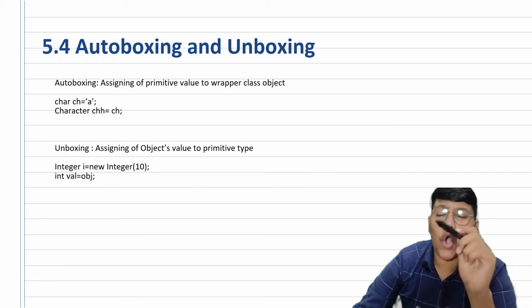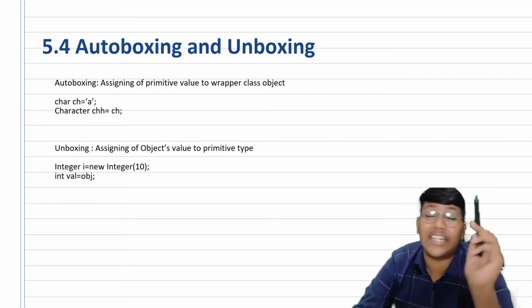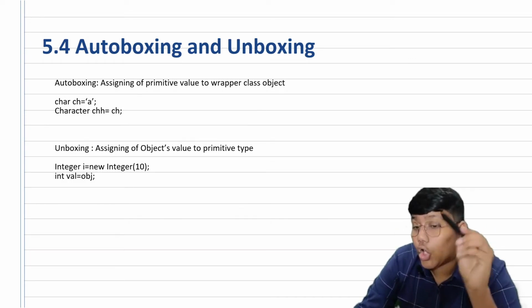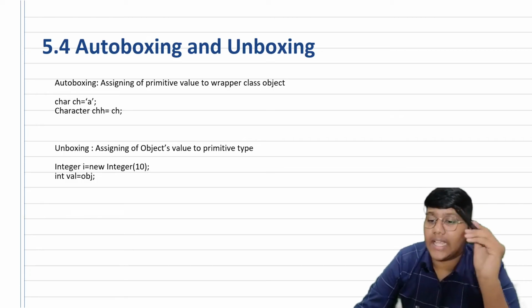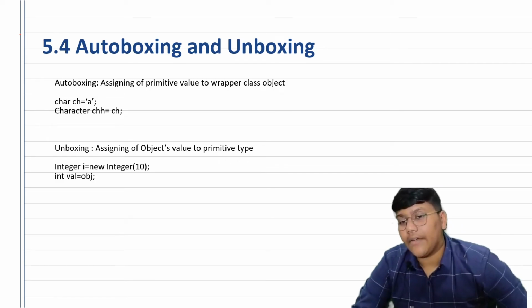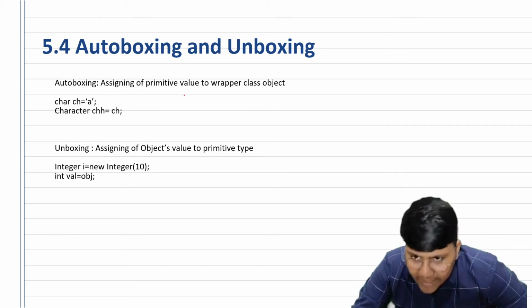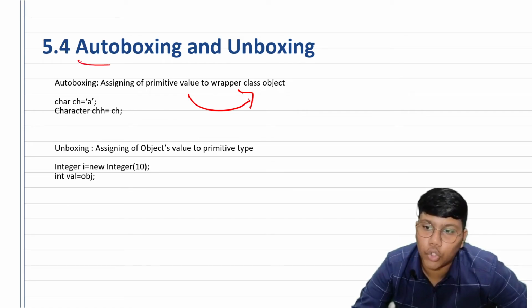Now 5.4, autoboxing and unboxing, these are also interesting. Their differentiation may come from this. Autoboxing, assigning of primitive value to wrapper class objects. Unboxing, assigning of object's value to primitive type. Where we change primitive value to wrapper class object, it becomes autoboxing.